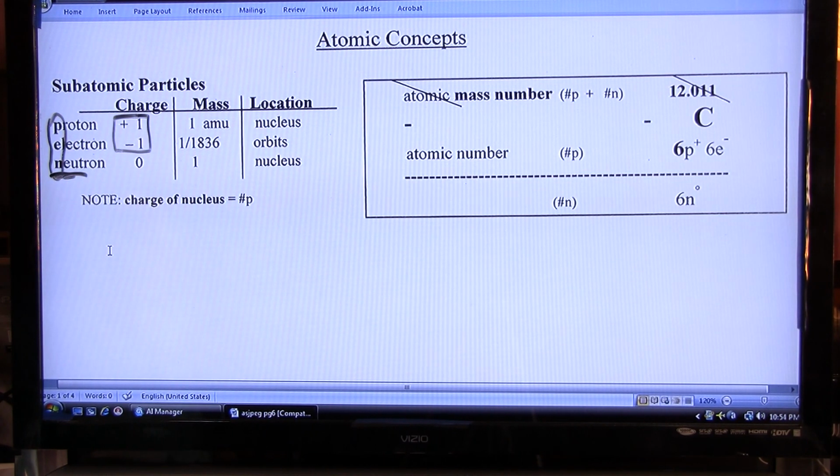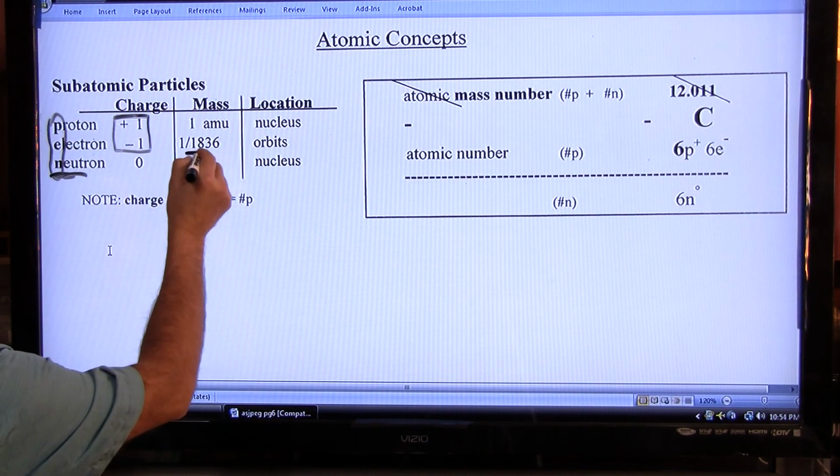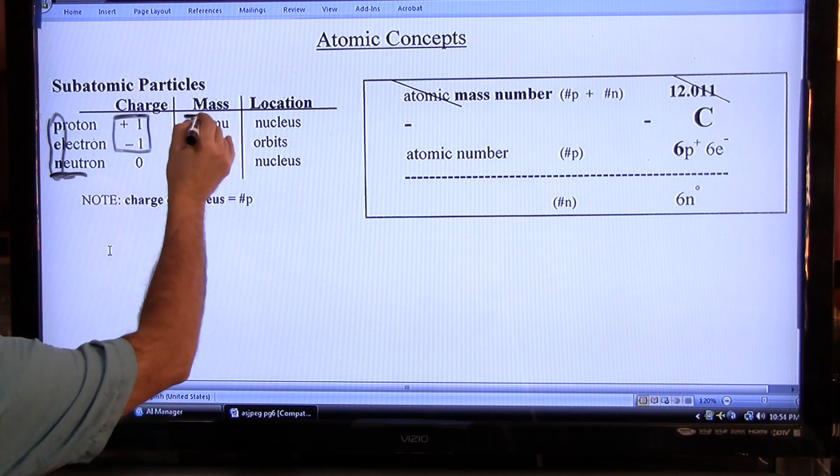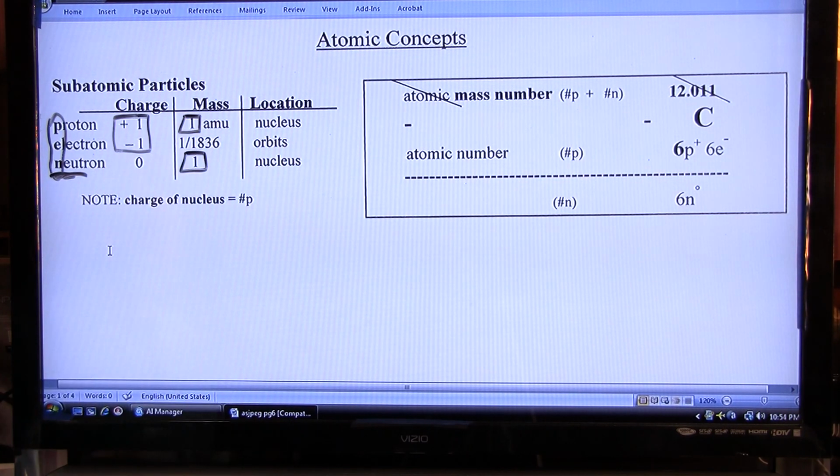Another way of saying this is you would need 1836 or 37, depending on whose book you read, electrons to make up the mass of a proton. And neutrons, on the other hand, have the same amount of mass as protons. So maybe we want to emphasize that neutrons and protons have the same amount of mass. And you can think of electrons as having negligible mass, or practically 0 mass.